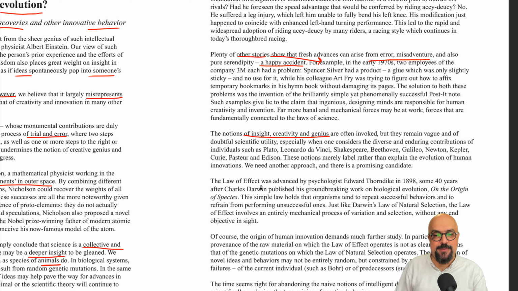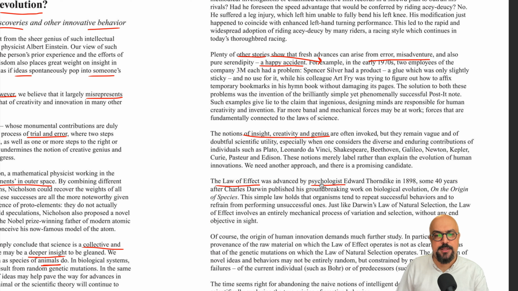The law of effect was advanced by a psychologist, Edward Thorndike, in 1898, some 40 years after biological evolution. So this is about a psychologist. As you can see, I'm not underlining these numbers because they don't matter for now.